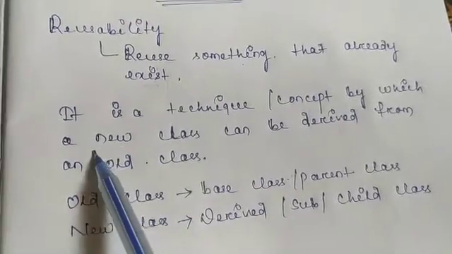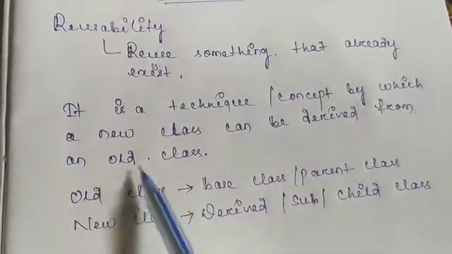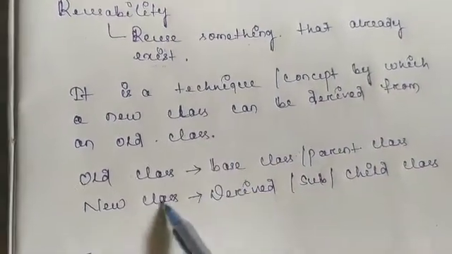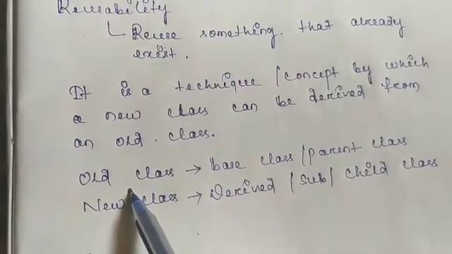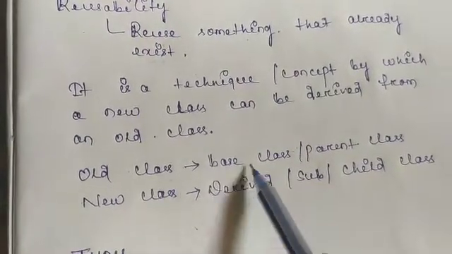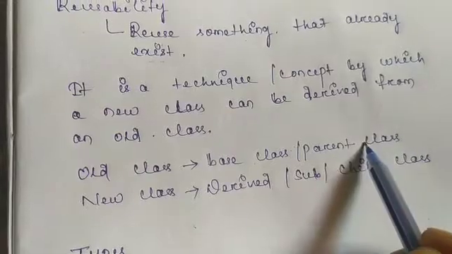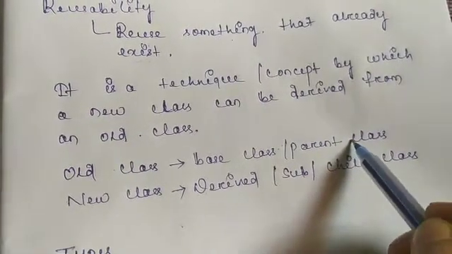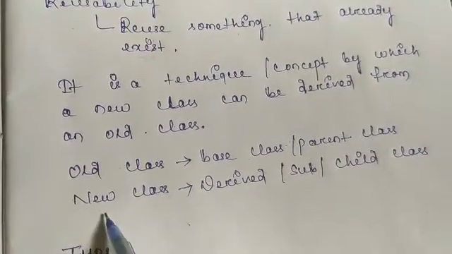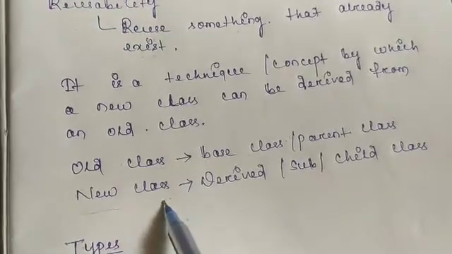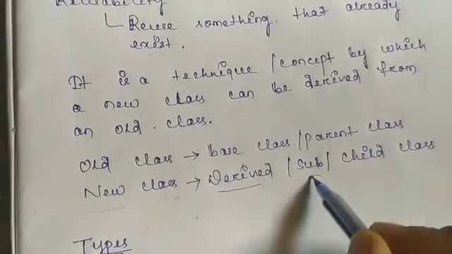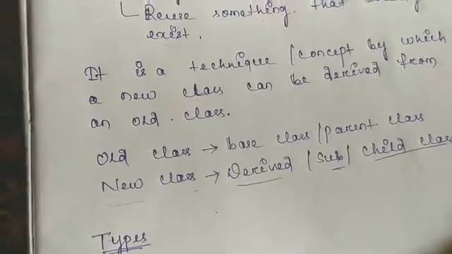A new class can be derived from an old class. That old class is called the base class or parent class, or sometimes a root class, and the new class is called the derived class, subclass, or child class.